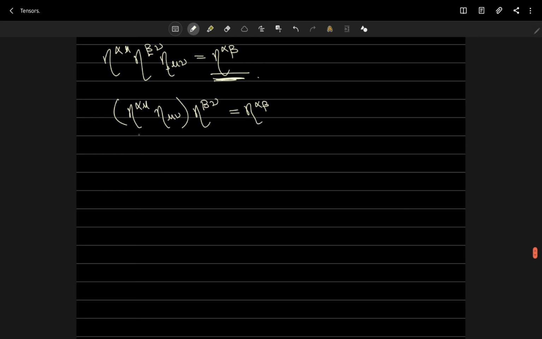If you look at this, it is simply the delta function, delta alpha nu, and then we have this eta beta nu. What is this equal to?